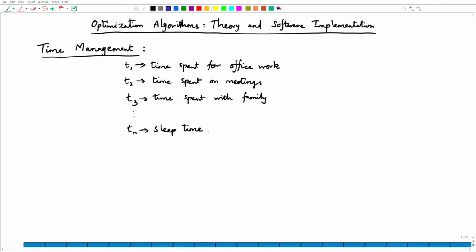So, what does he want to do? He likes to maximize u1 of T1 plus u2 of T2 plus ... un of Tn, subject to the constraint that T1 plus T2 plus dot dot dot plus Tn is equal to 24.